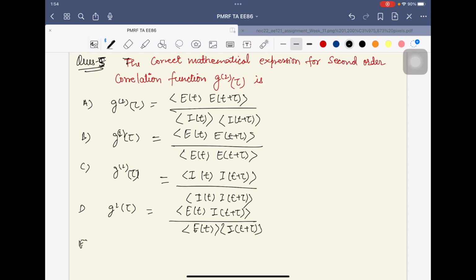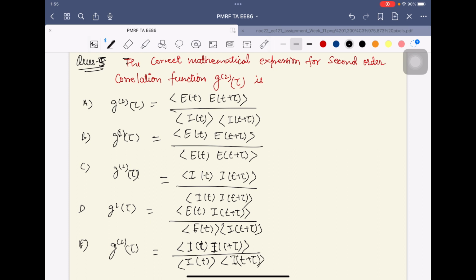And the fifth, G2 tau is equal to I(t) and I(t plus tau) divided by I(t) plus tau. So which one will be the correct answer is the question.